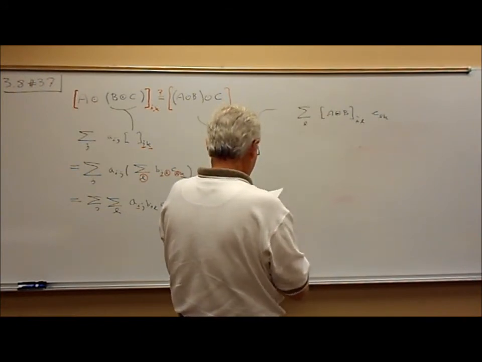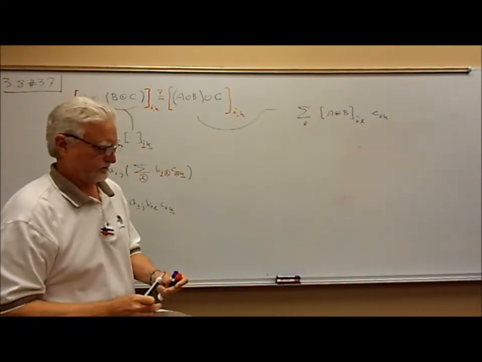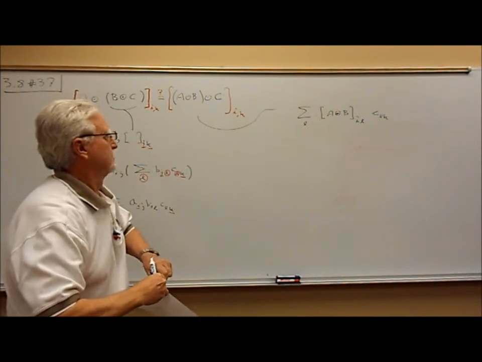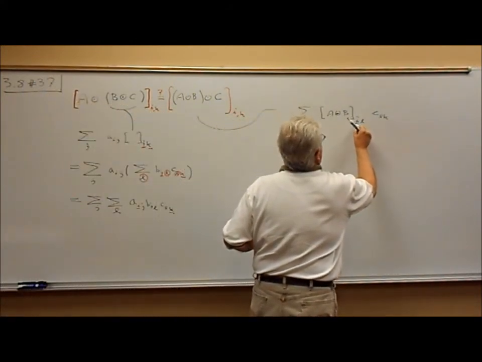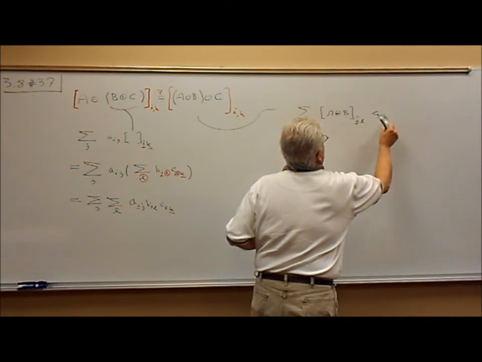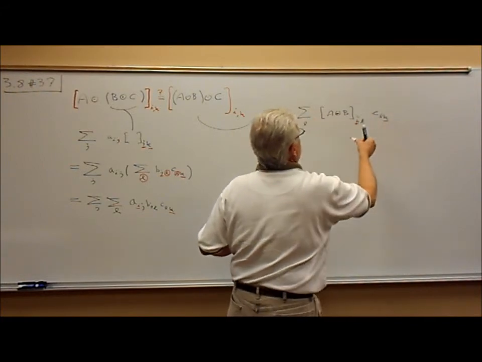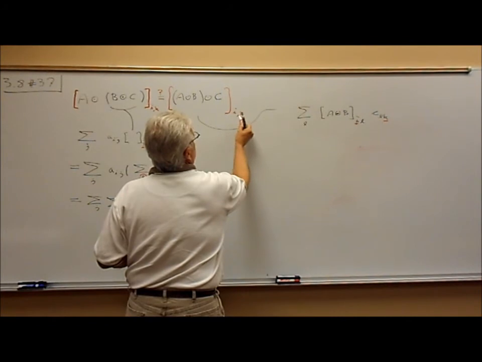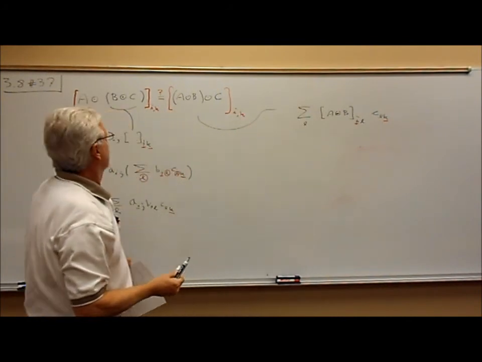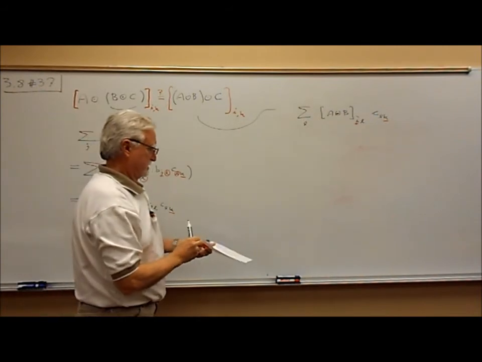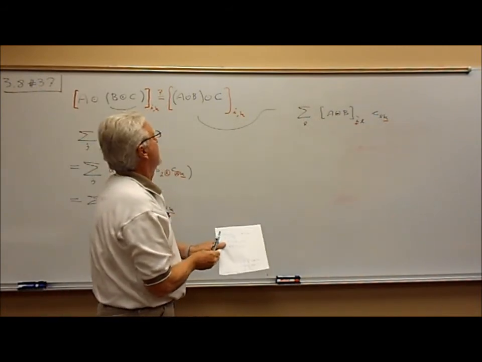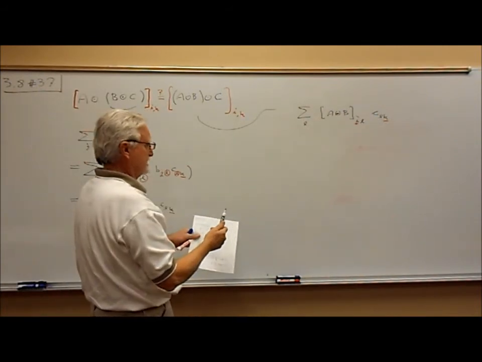So notice that I and K are not being summed over here. They come from the entry that I'm trying to calculate. And that's the same as this entry here, the same subscripts. So that's the I-K entry of the right-hand side.